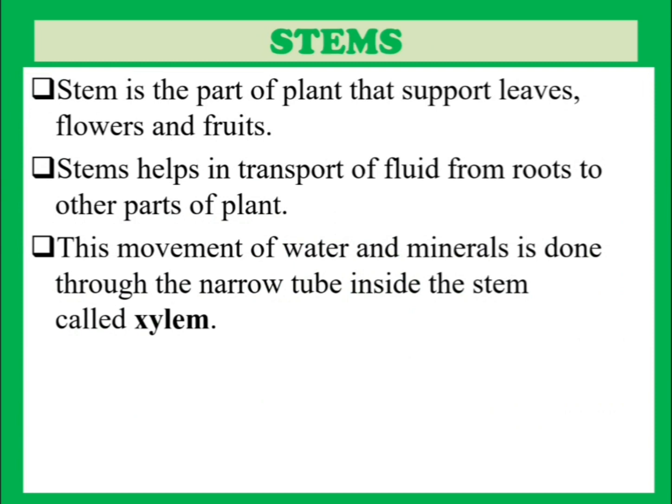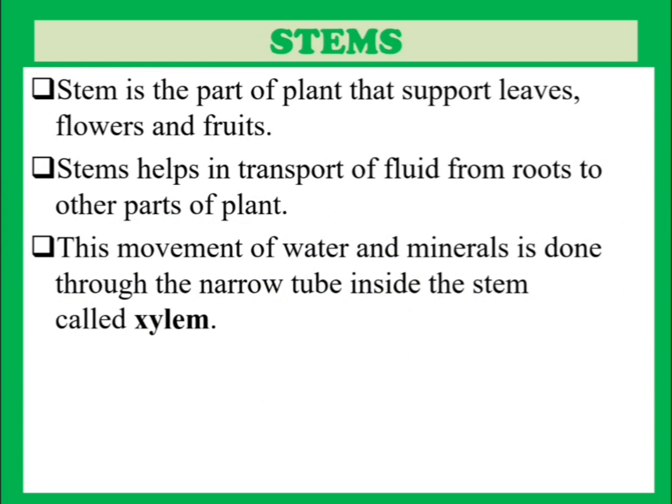This red color indicates that the red ink water is absorbed by the stem and transported to other parts of the plant. As a result, if we cut the plant in the middle, we can see the red color spots.